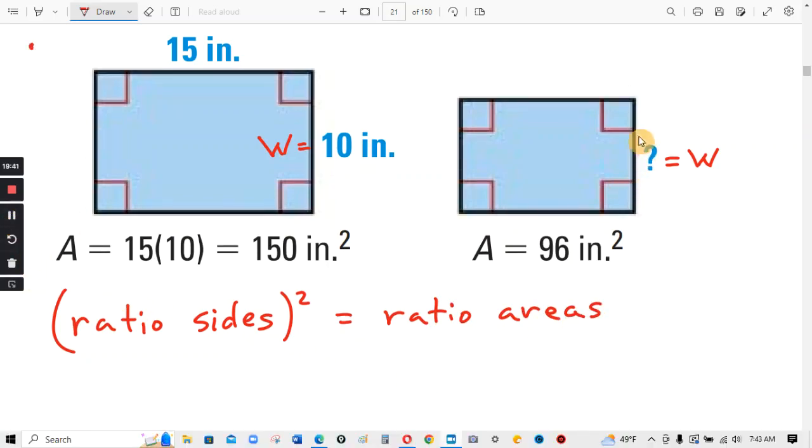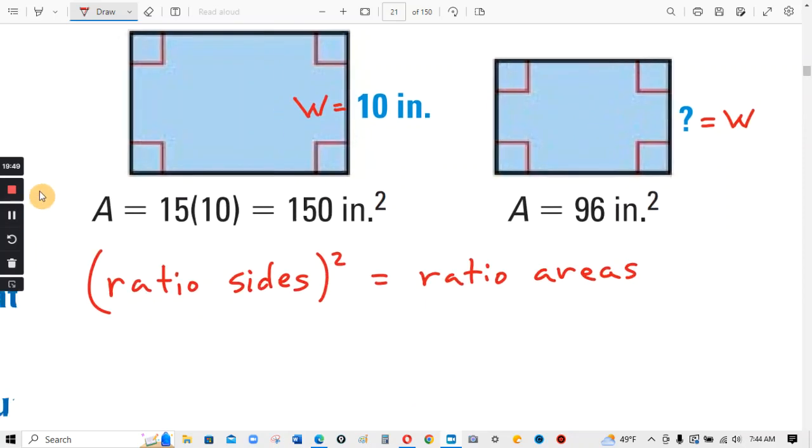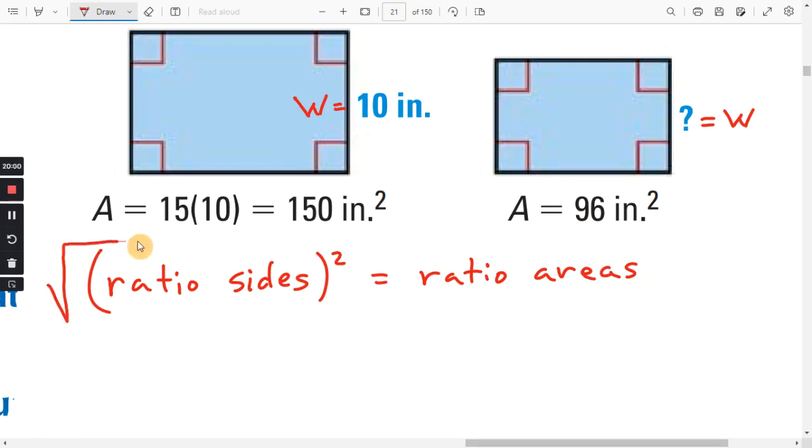Now, since we're looking for a side length, we need the ratio of the sides, but we have the ratio of the areas, that equals the ratio of sides squared. What is the opposite of squaring something? Well, that would be the square root. So this is squared. If we took the square root of both sides of this equation, this would give us the ratio of the sides.